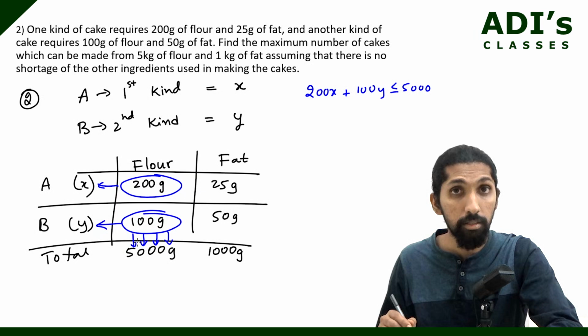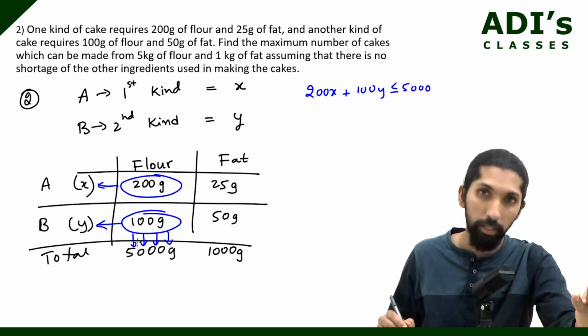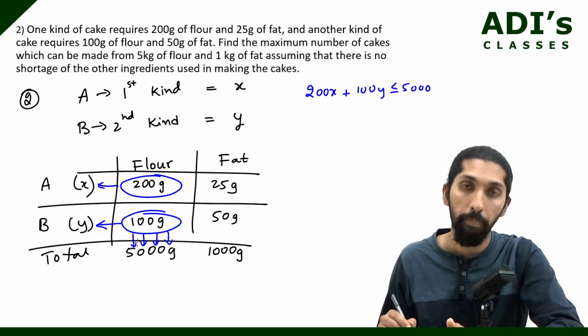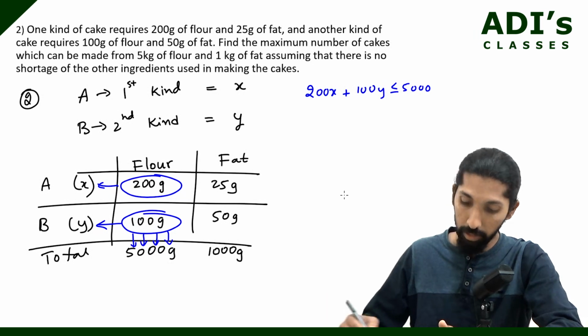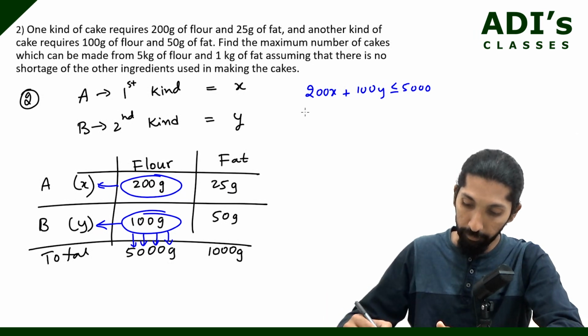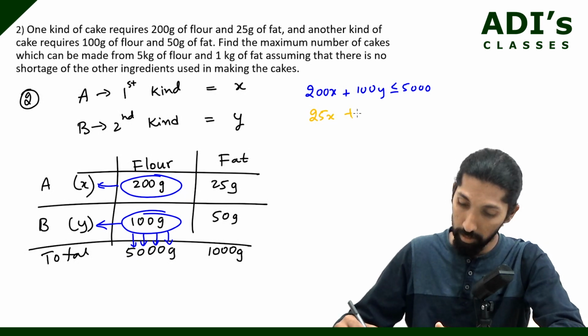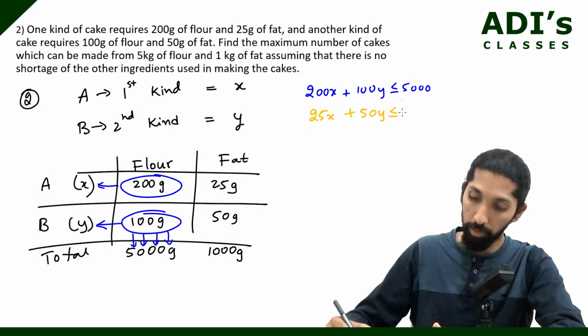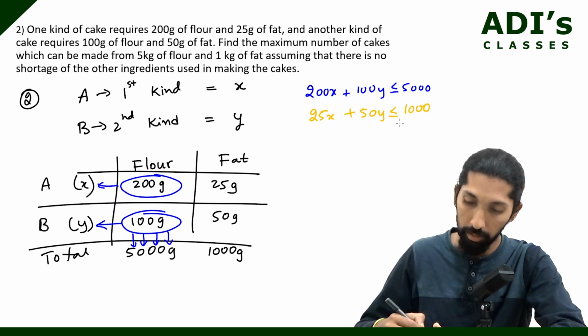So we got the first constraint, or condition. The second condition: 25 into x plus 50y less than or equal to 1000.